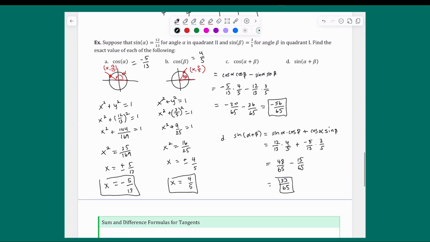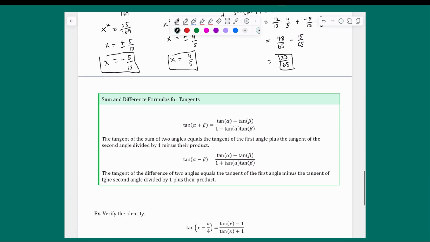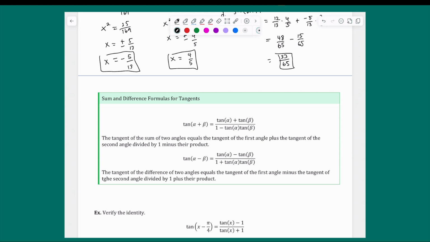All right, moving on to the sum and difference formulas for tangents. So tangent of alpha plus beta is equal to tangent of alpha plus tangent of beta over 1 minus tangent alpha tangent beta. Similarly, tangent of alpha minus beta is equal to tangent of alpha minus tangent of beta all over 1 plus tangent alpha tangent beta.